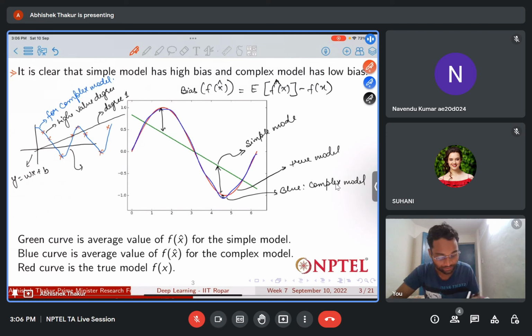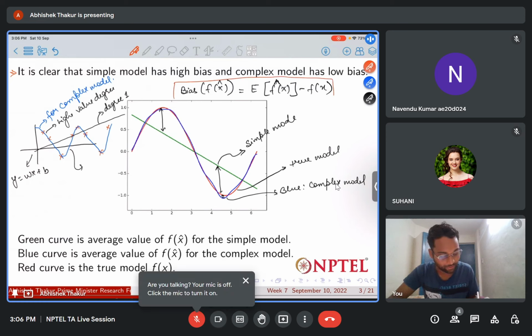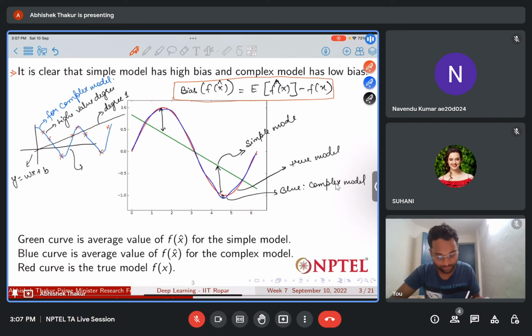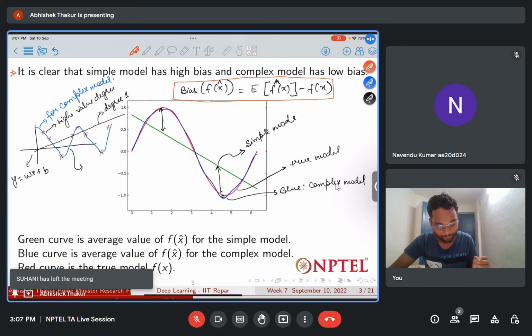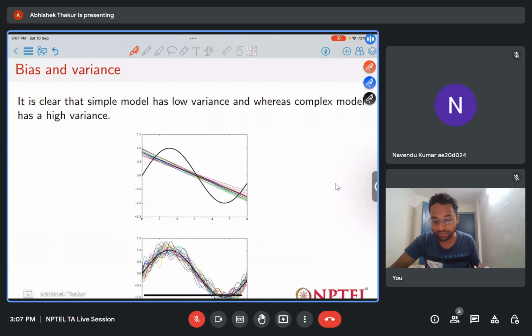The bias formula is the difference between the expected value of the estimated value and the true value. Here you can see there is a large gap in the simple model and a low gap in the complex model. So now we will see variance.